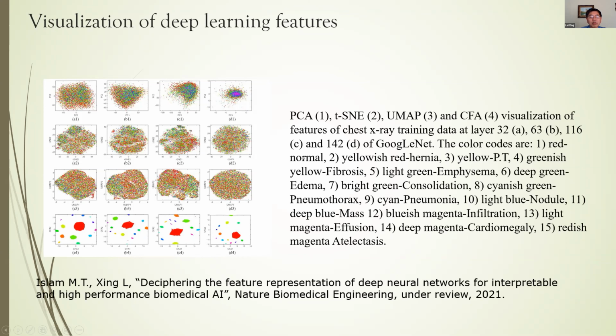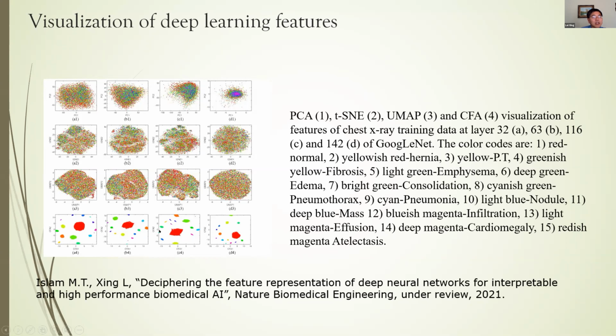This is a very interesting example. This is a GoogleNet. We used the NIH chest X-ray data that Dr. Lee was involved in. You can see with TSNE, and this is a visualization at different layers, the layers are here, 32, 69. With TSNE, or any existing technique, you actually don't see the clusters.